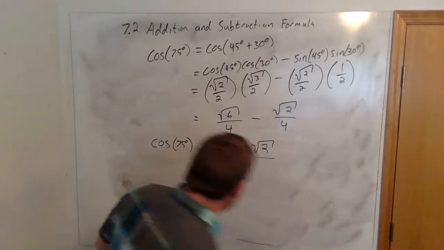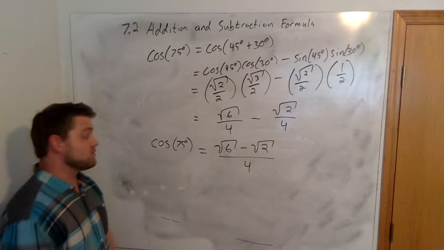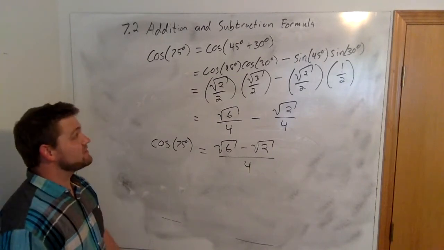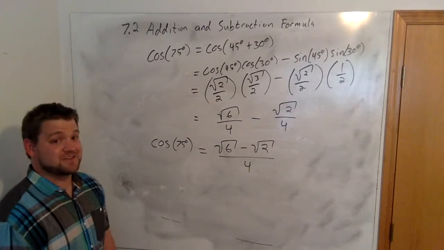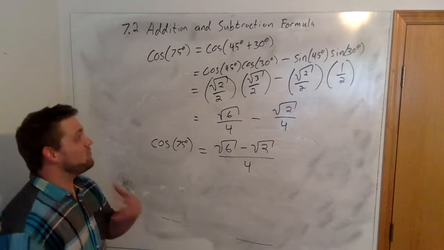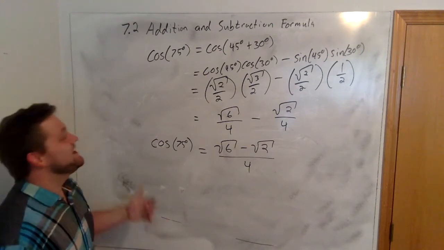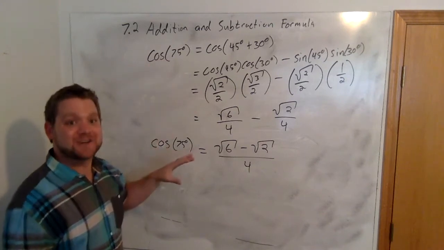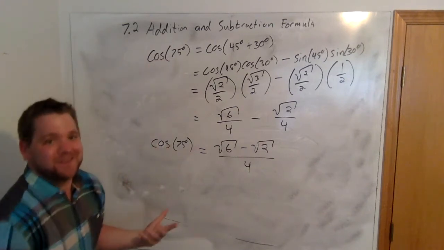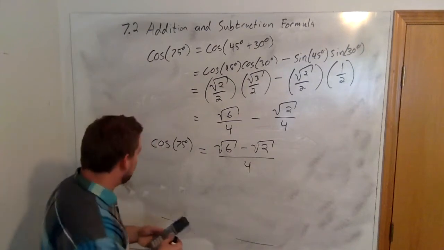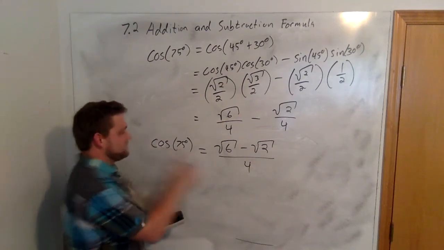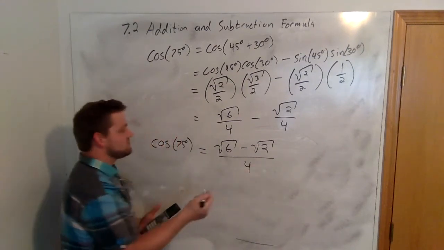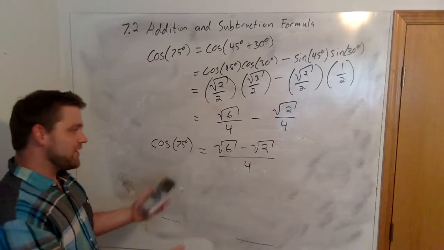Okay, what's a great way to check our work? Use our calculator. When you're doing these exercises, if you're using your calculator just to get the answer, you're cheating. The whole point of these type of exercises is to try to figure out the exact value without your calculator. However, at the end, use your calculator to check your work. So let's make sure that cosine of 75 degrees is equivalent to the square root of 6 minus the square root of 2, all divided by 4.